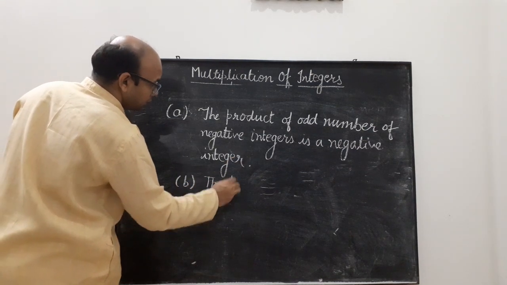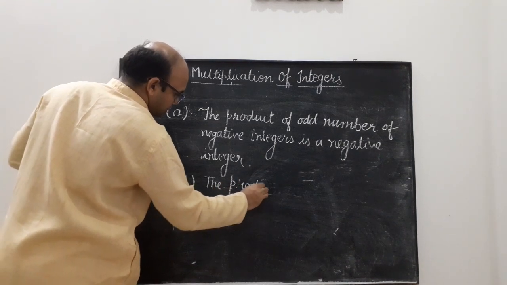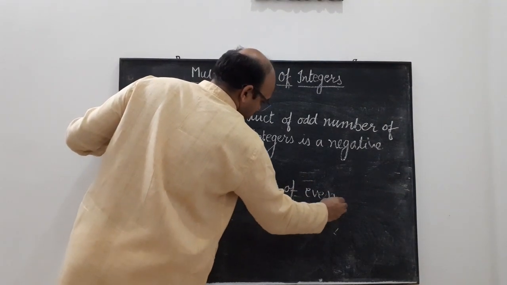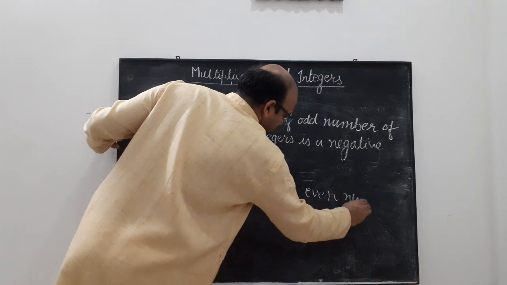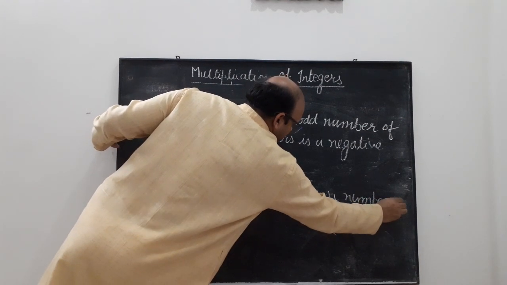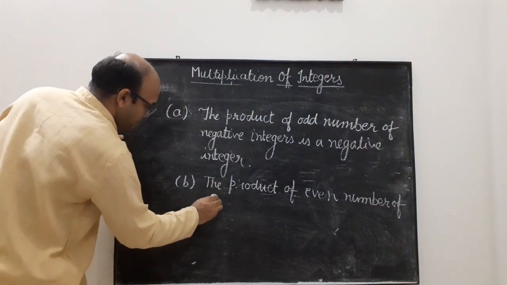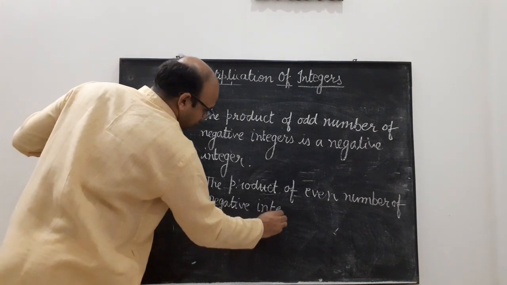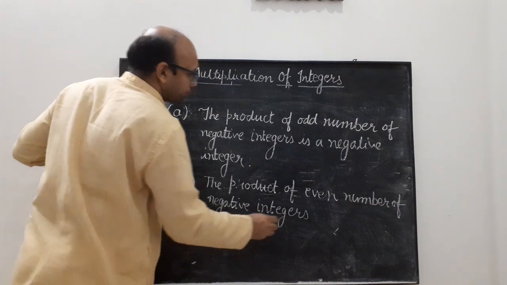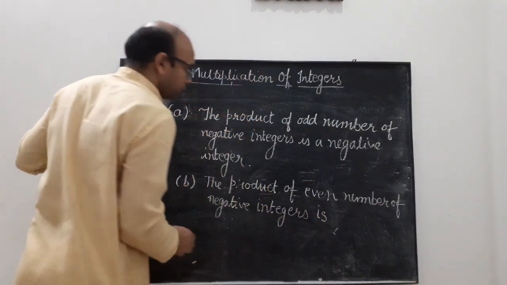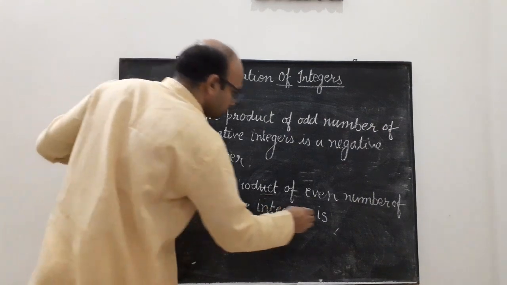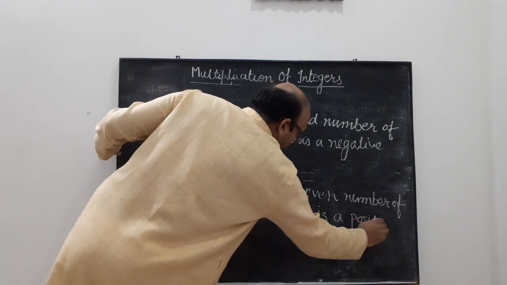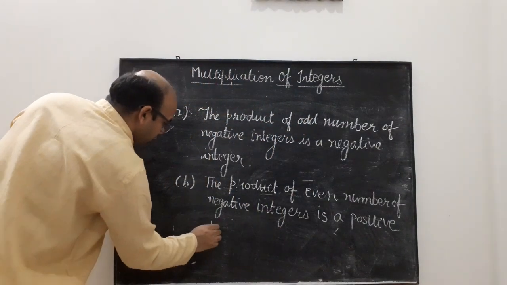Second, the product of an even number of negative integers is a positive integer.